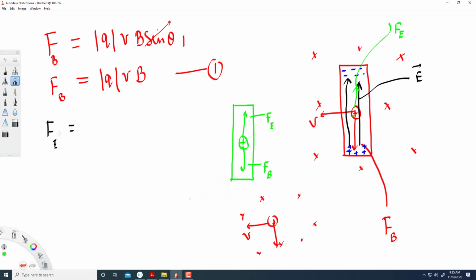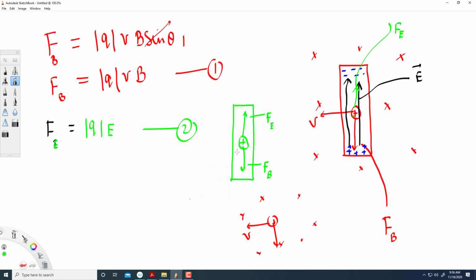Fe is given by, what is that? Force on a charge due to an electric field, Q times electric field, right? That's what you got in the previous chapter. At some point these two forces will be equal.